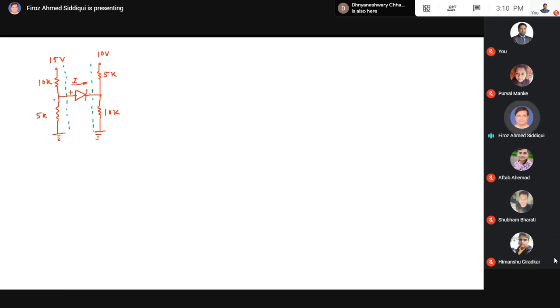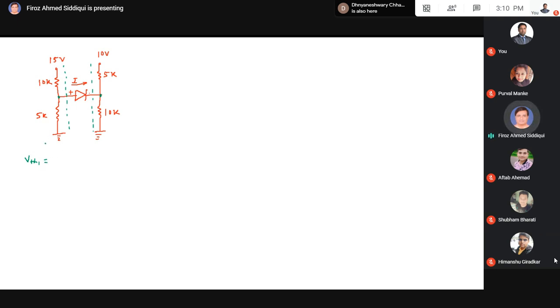So let us find out this voltage. Voltage at this point and voltage at this point. So if we find VTH, let's say the voltage at this point is VTH1. So what is VTH1 in this case?